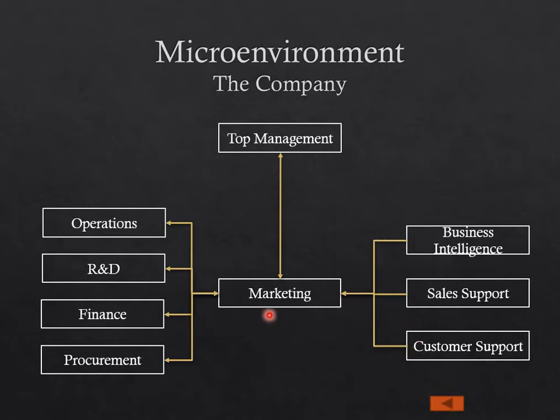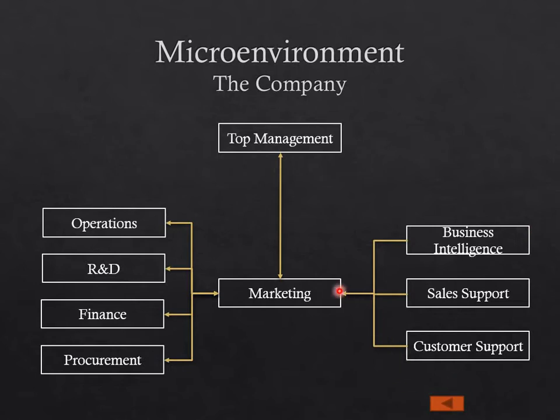Because the marketing department is such an essential department, it collects information from business intelligence, from the members in sales support, the people in customer support, and from information coming directly from the market.